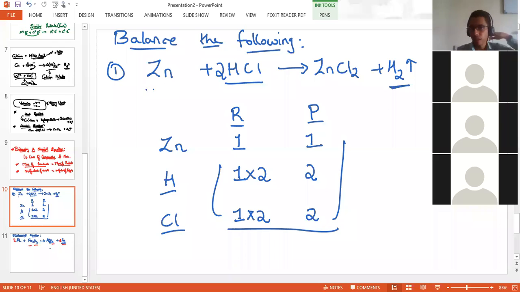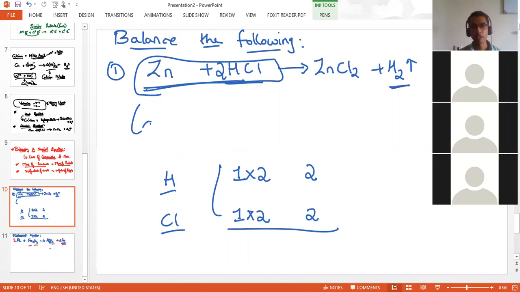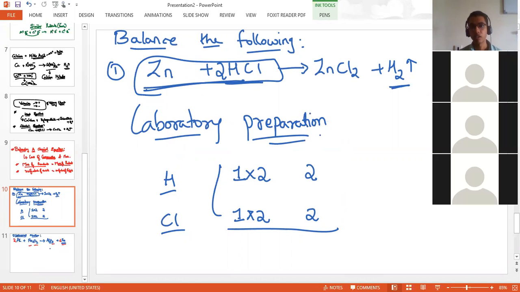So why did I give these two reactions? This reaction is very important because it is the reaction we use for the laboratory preparation of hydrogen gas. You can note this down.